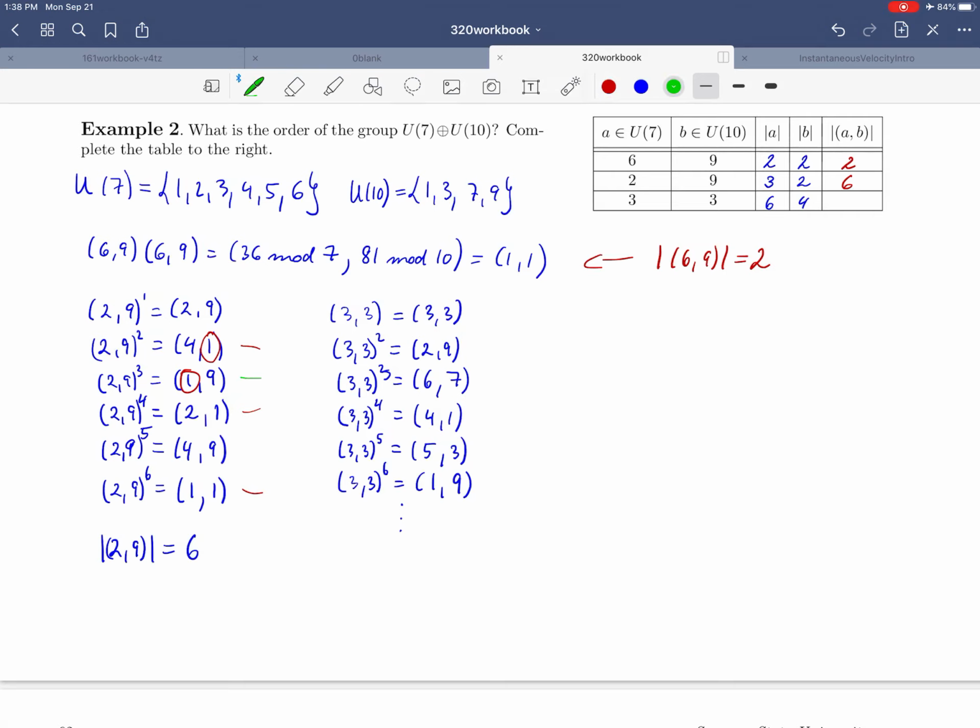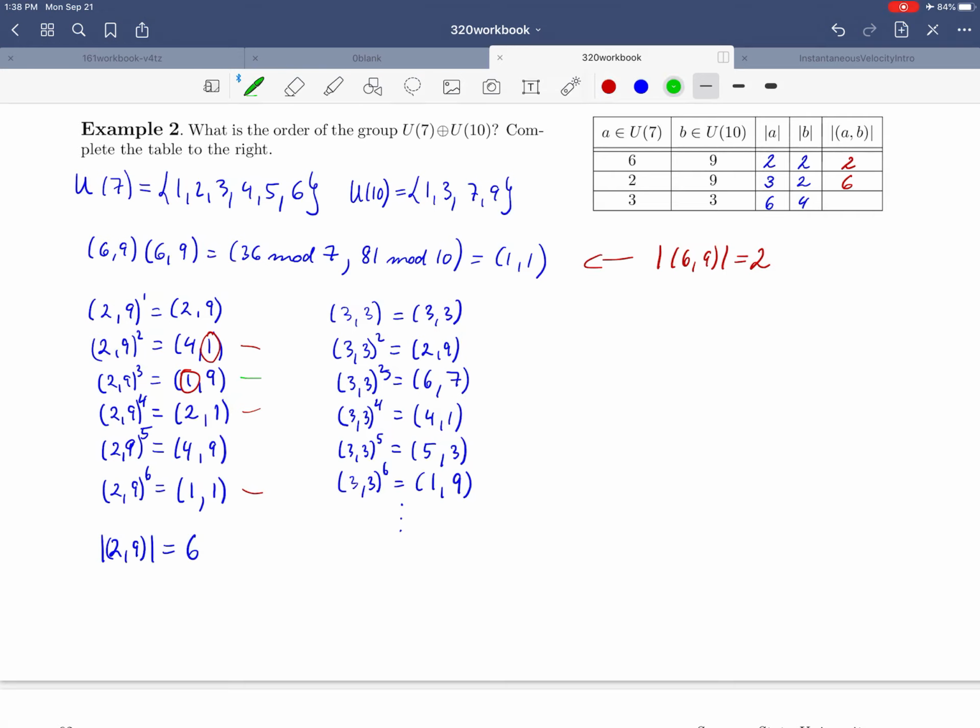And if we're going over to the right here and looking at 3, 3, in the second coordinate, it took the power of 4 to get a 1. In the first coordinate, it took a power of 6 to get a 1.